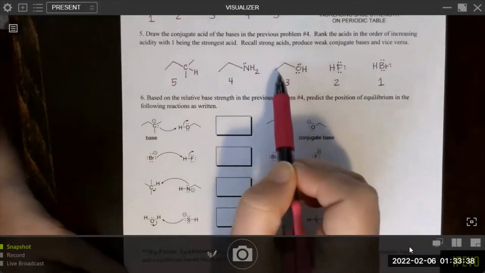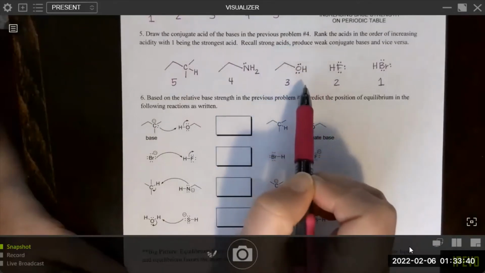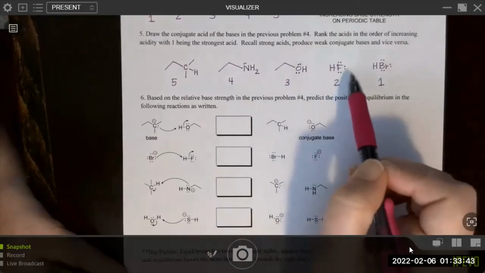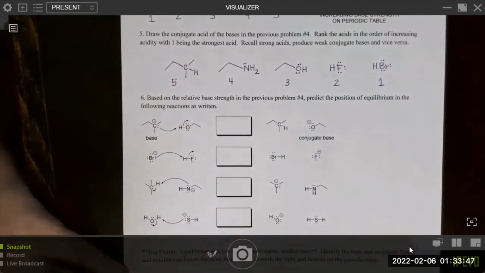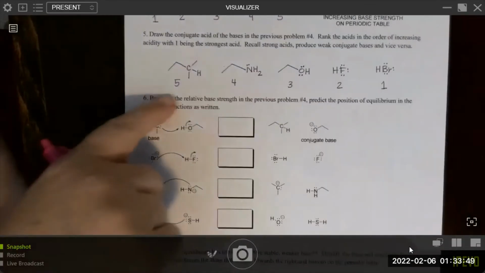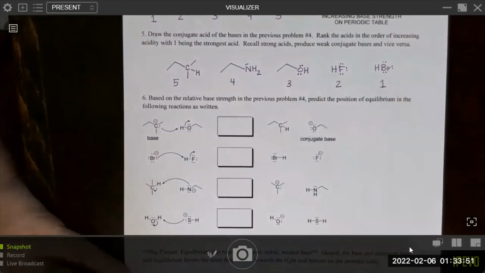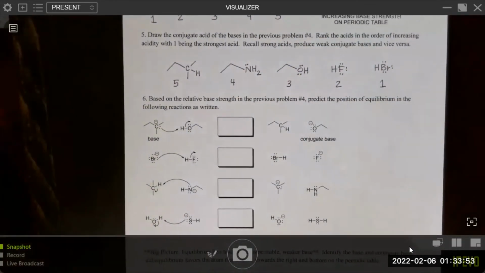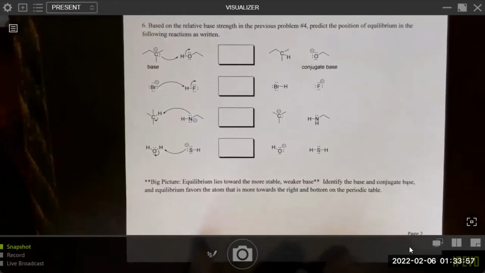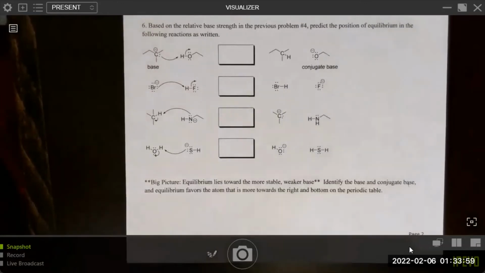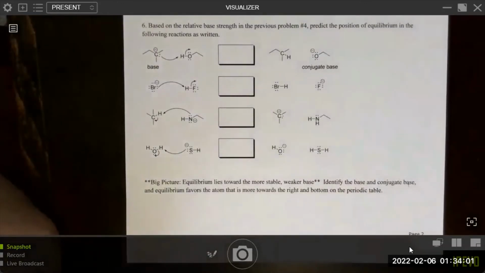Alcohols are typically anywhere between 15 and 17. HF is 4 and HBr is -9. You can see that there's a definite trend in lowering pKa as we go from left to right. So knowledge of pKa values can be really helpful because it's a surefire way to know the difference between acid strength.